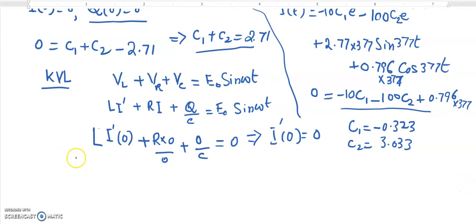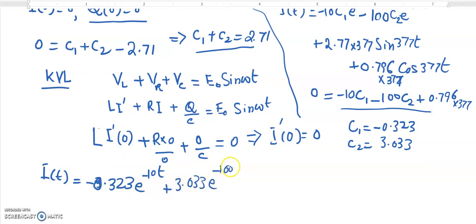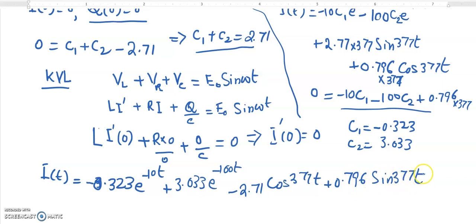Therefore the final solution is I of t equals minus 0.323 e power minus 10t, plus 3.033 e power minus 100t, minus 2.71 cosine of 377t, plus 0.796 sine of 377t.